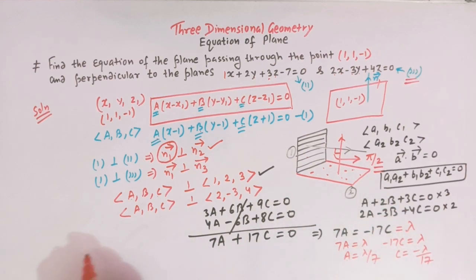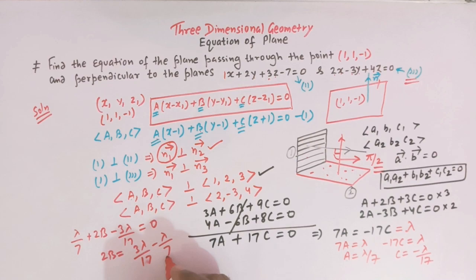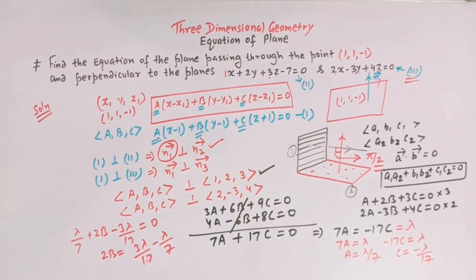So what we will get, lambda over 7 plus 2b, then we'll have minus 3 lambda over 17 is equal to 0. So this is 2b, that is 3 lambda over 17 minus lambda over 7, right?